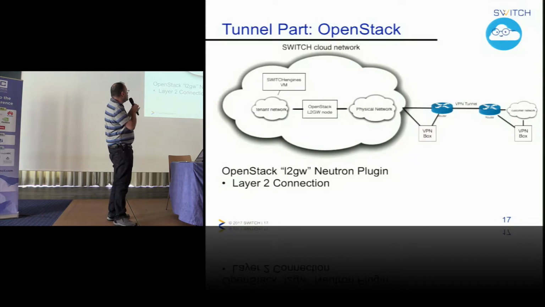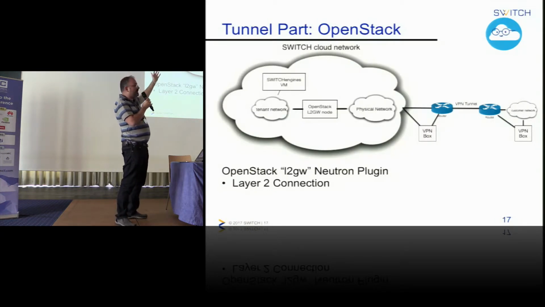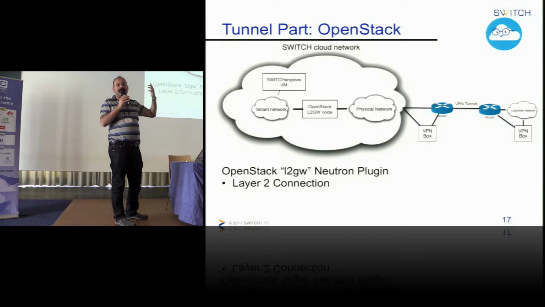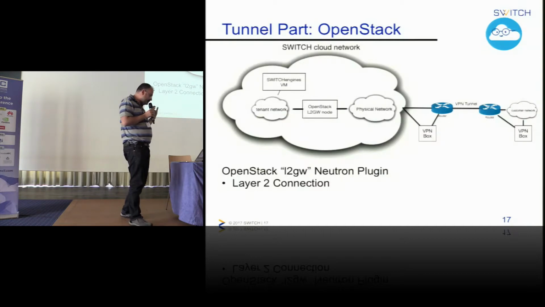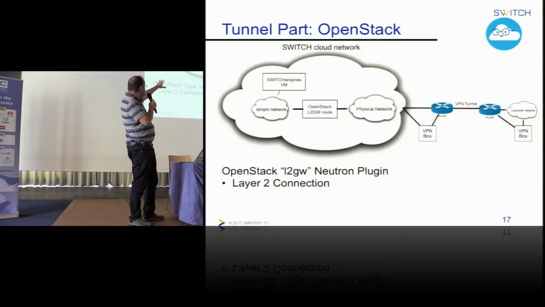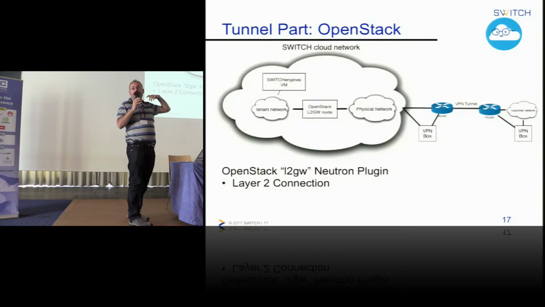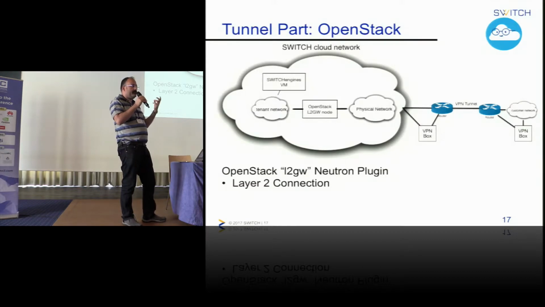So we have a new box between the tenant network and the physical network that is no longer the classical OpenStack network node that needs routing, but a box that makes a simple layer 2 bridging. This box can be either an SDN switch, so a switch that has to support the OpenVSwitch VTEP, or we can use just a server and run OpenVSwitch on it.